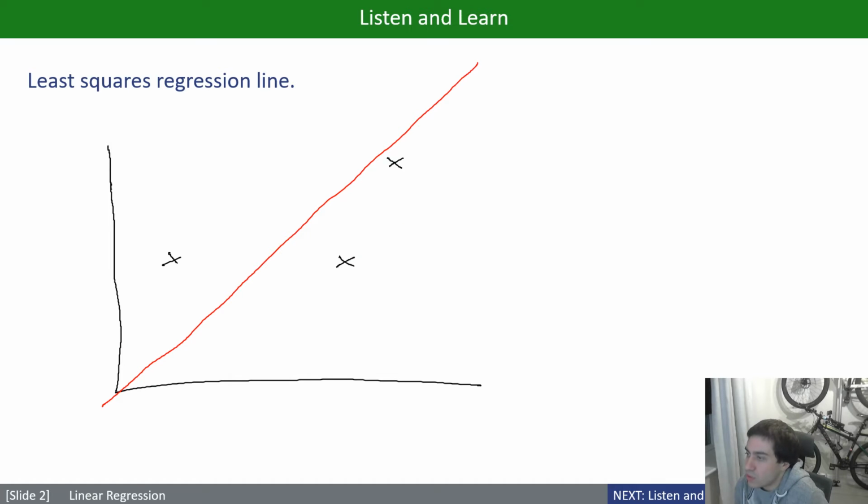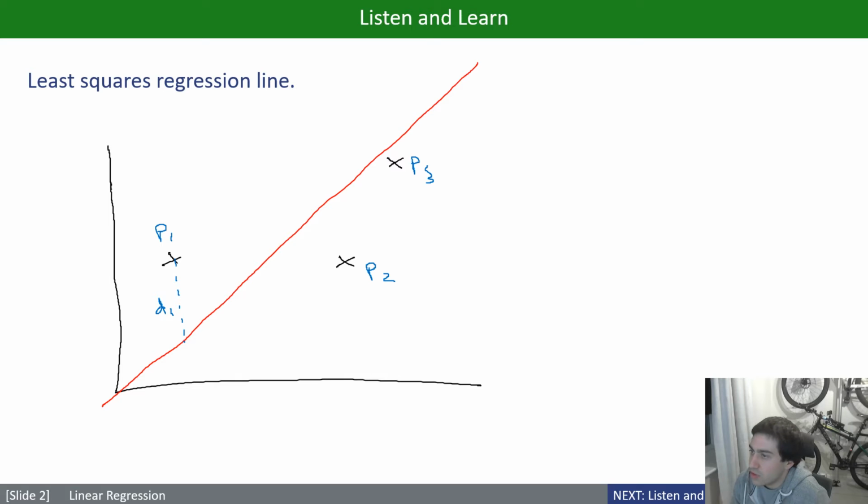So now we're going to score this, and here's what happens with least squares regression. You take the vertical distance of every point from the line, and that's a number, right? So let's call these point 1, point 2, and point 3. For point 1, I'm going to take this distance.